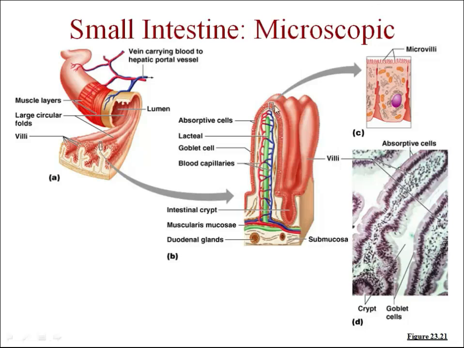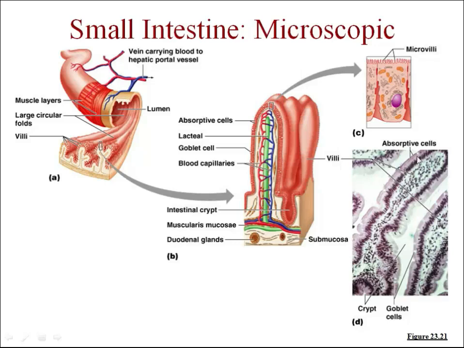Okay, if you magnify the surface of this villus, it looks like this. This is a single cell, and that single cell has a lot of microvilli. Those microvilli are projections of the plasma membrane of the respective cells. In the color photograph of an actual slide, this is a single villus, and the surface is absorptive epithelial cells.